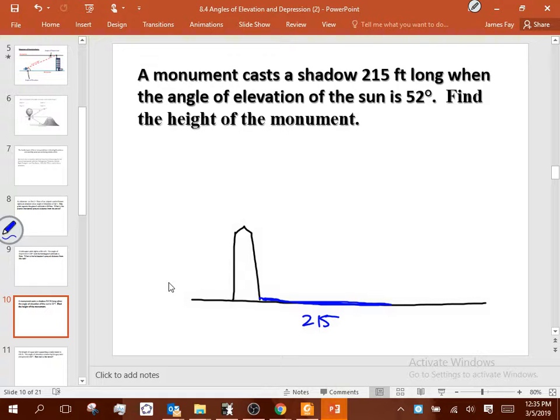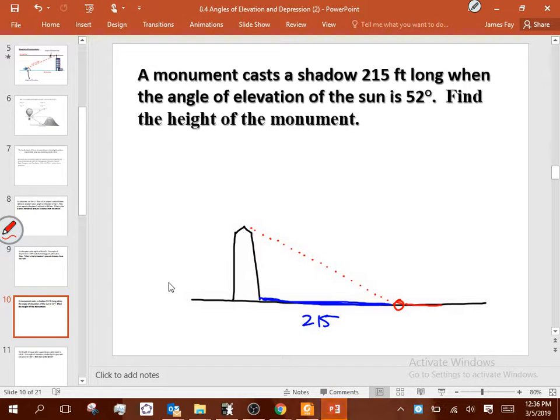When it says the angle of elevation of the sun is 52, what that means to us is, if you were to lay on your stomach right there, and you were to put your eyes at the tip of the shadow of the monument, and you look directly at the top of the monument, because the top of that monument, that whole thing is casting that shadow, right?